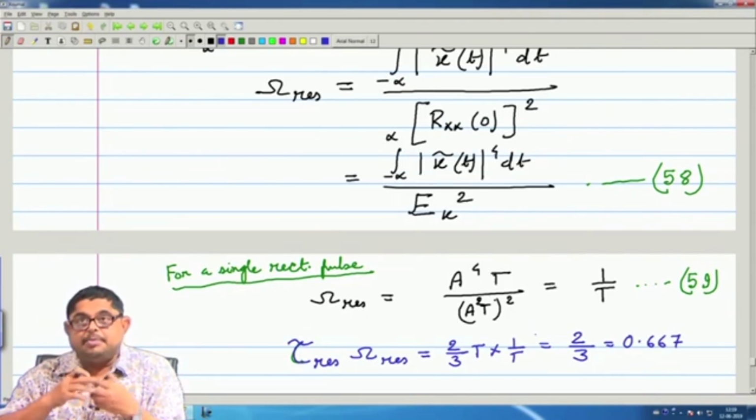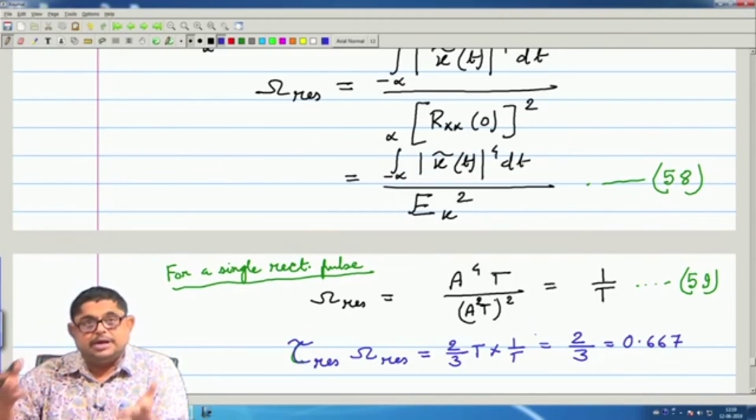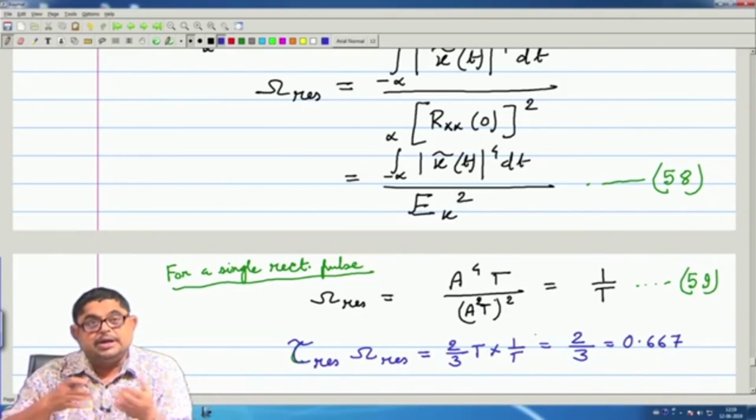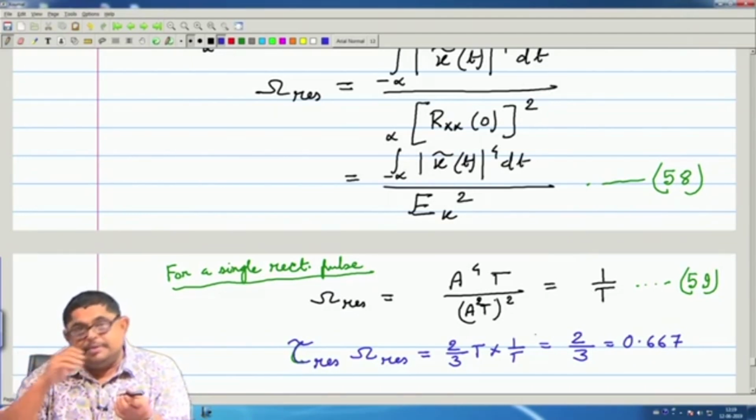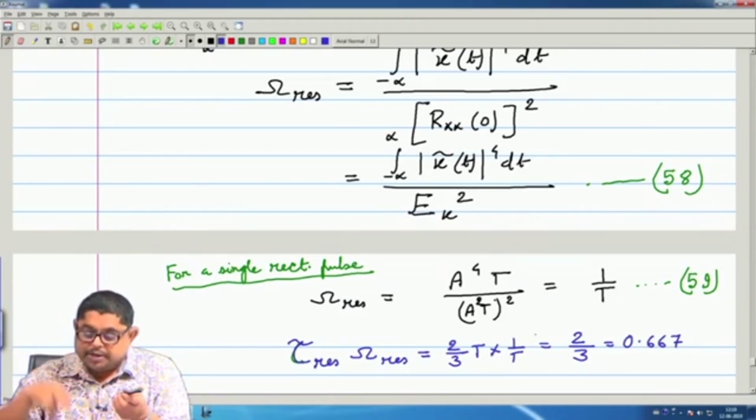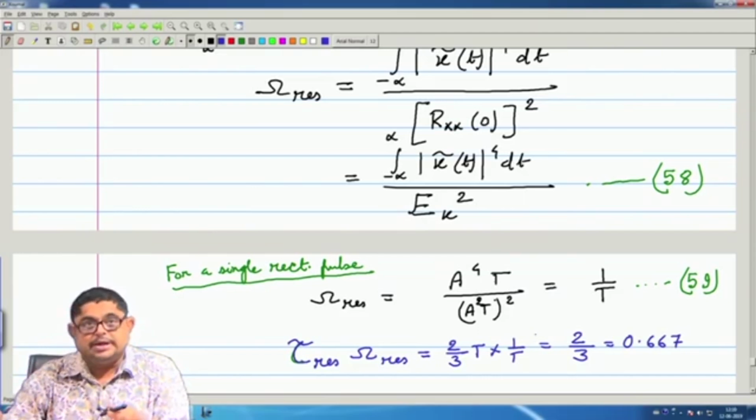That is a very bad thing, because we want both of these measurements to be precise. Actually, we have seen earlier in the ambiguity function that in range it gives very good resolution, but we get a very poor Doppler resolution. So if we use a single rectangular pulse, this is the case.